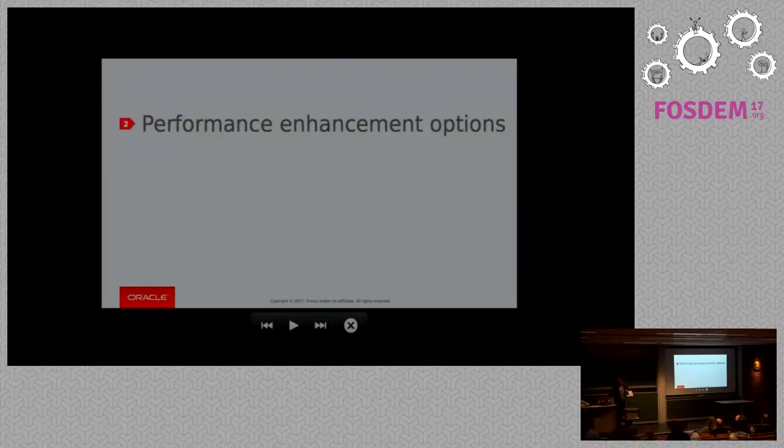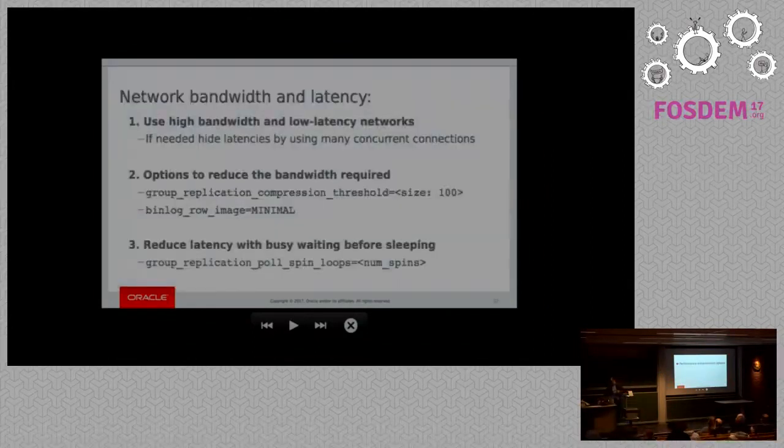So we have a few options here that allow us to control these things. Okay, some are not very controllable, but for instance, if we have high latency, of course we need to be able to put more transactions in the system, and then they eventually arrive, and we hide the latency.